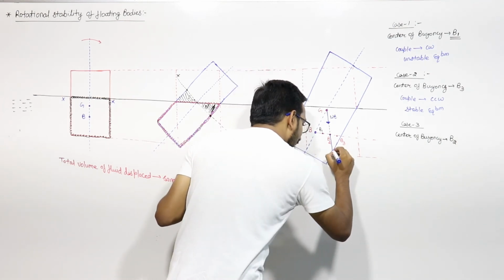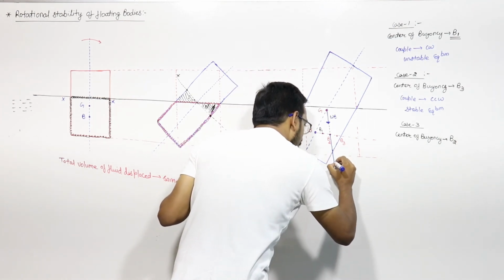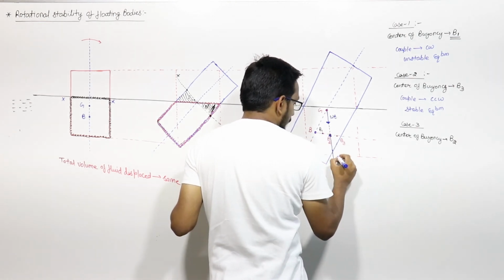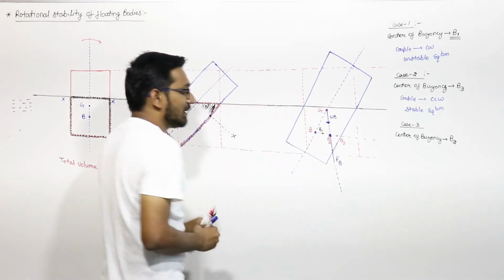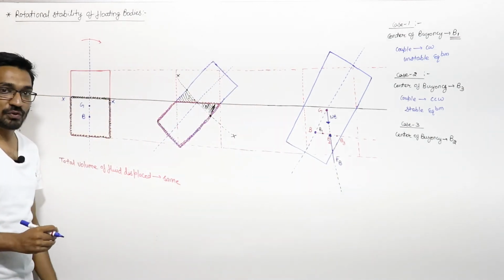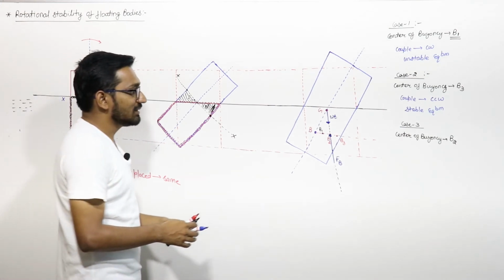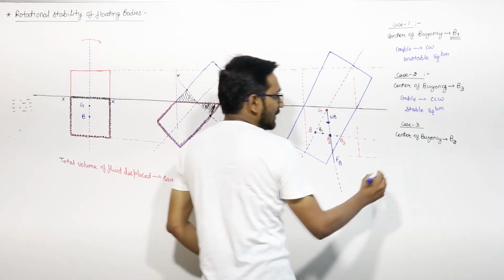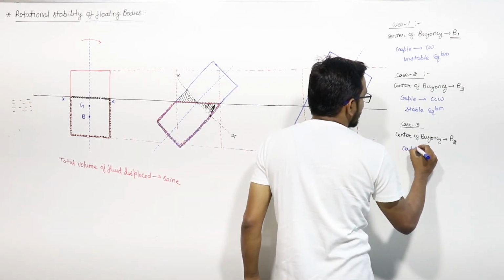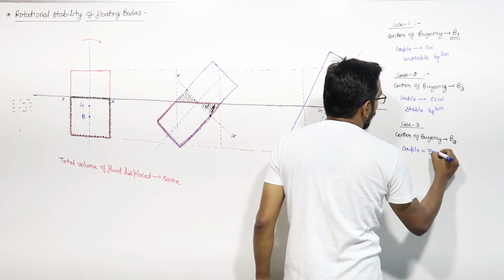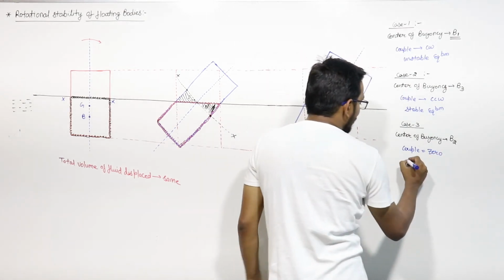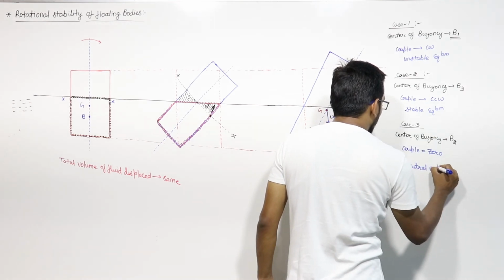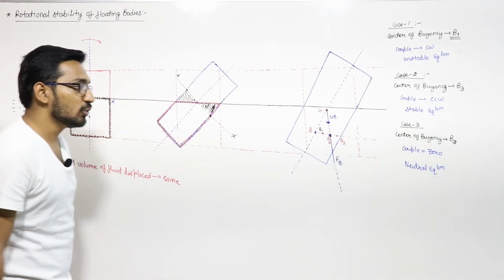At this B2 we have a vertically upward force, that is the buoyancy force. So we can say that the line of action of weight and the buoyancy force is the same. So the couple in this case is 0. And if the couple is 0, you can say this is a neutral equilibrium.